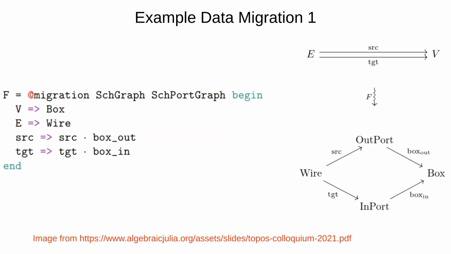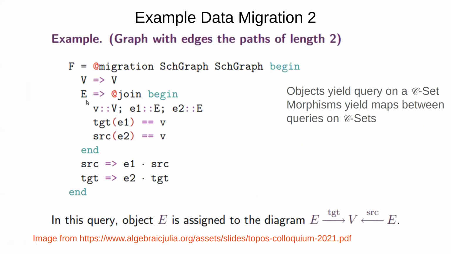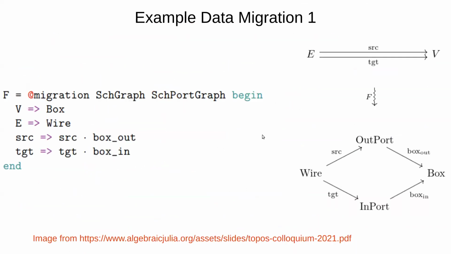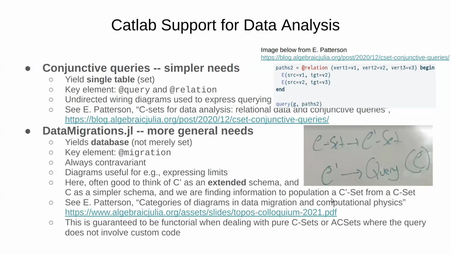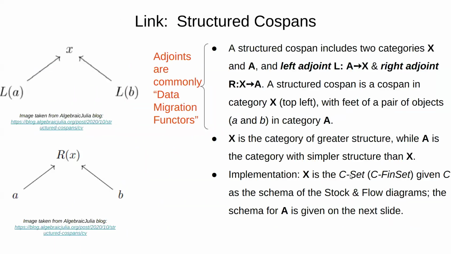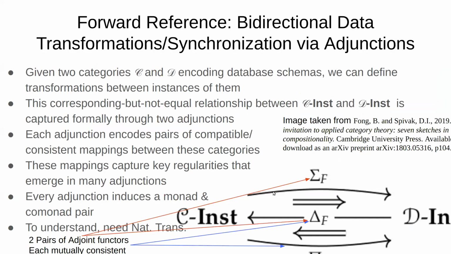It's about being able to lift rules for rewriting from an error context to a bigger context. And this migration syntax provides a very powerful way of defining queries that gather the information needed to populate the broader schema in a rule-based context, okay?